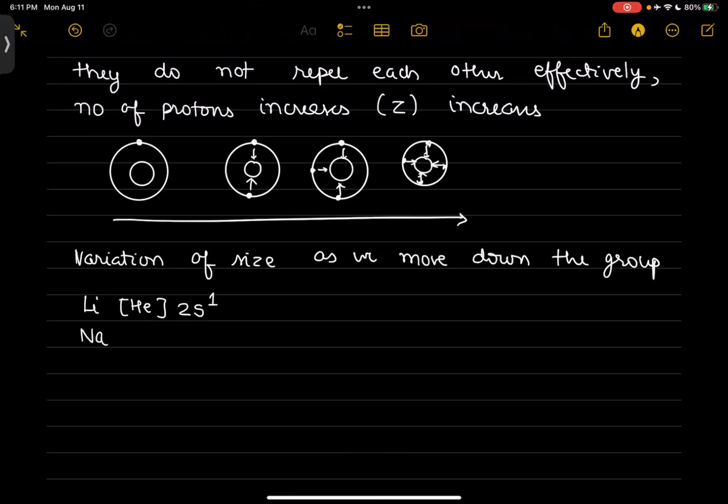Sodium. Potassium is the 19th element, so I'm not writing the inner electronic configuration. Got it?